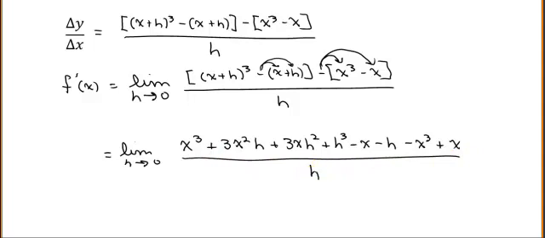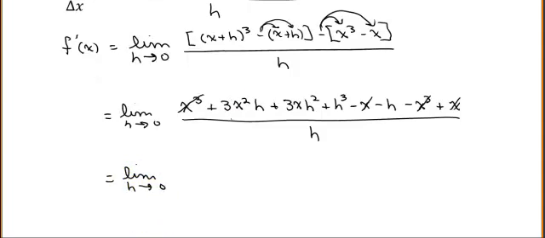Well, notice a couple of things. We have an x to the third, and here we're subtracting x to the third, so they subtract out. We have a negative x, and we have a positive x, so they subtract out. And all the terms that remain in the numerator have a factor of h.